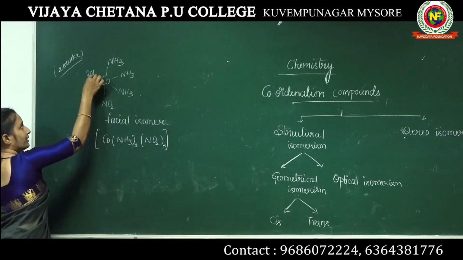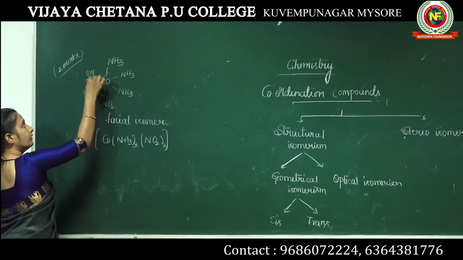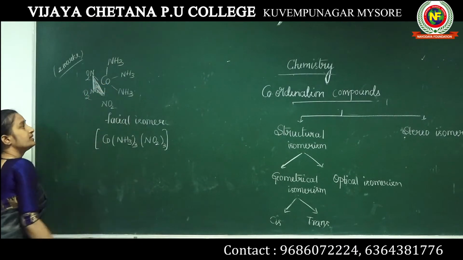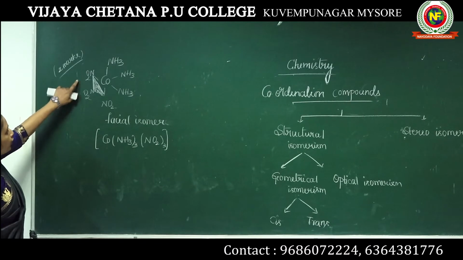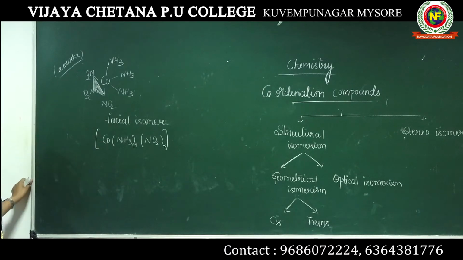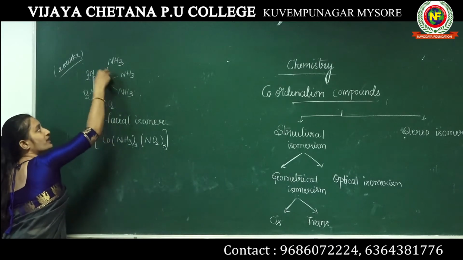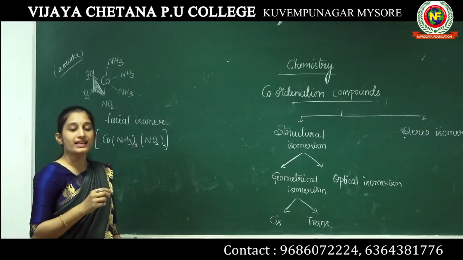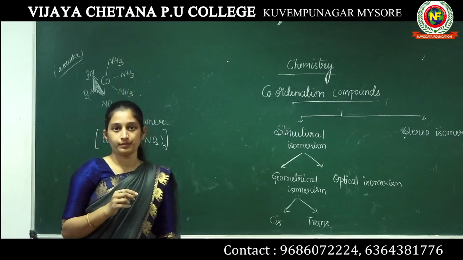Try to understand. See, it looks like a triangle. All the three are NO2, nitro groups only. Means all the three nitro groups are present on one side. Such type of isomer we call a facial isomer.